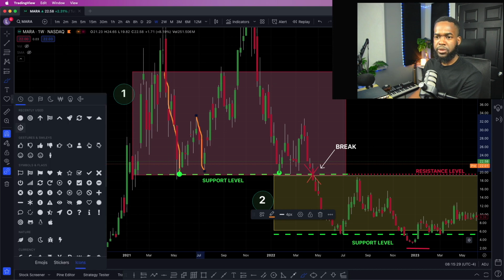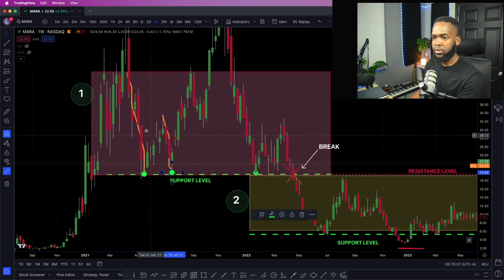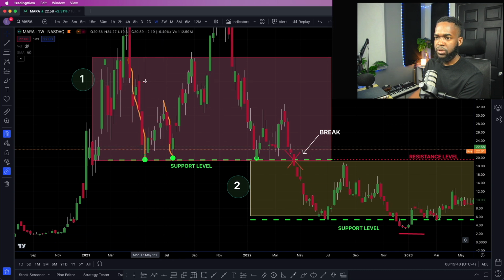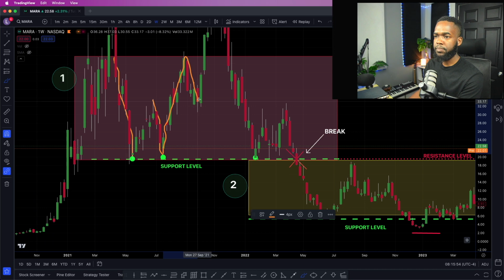So now we know this area is a strong support level, 1 and 2. We mark it as a support level, and price continues to go up and comes down here again.